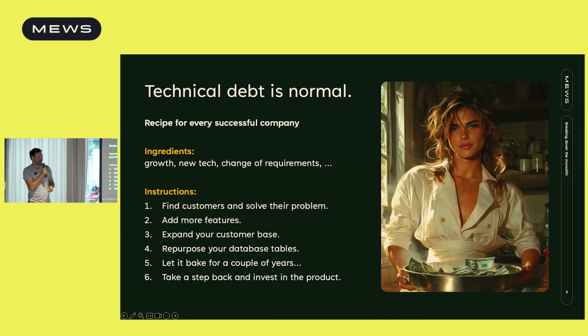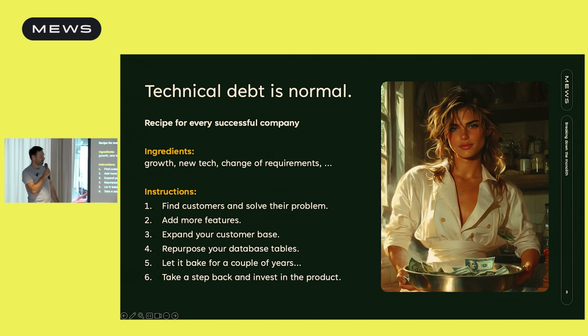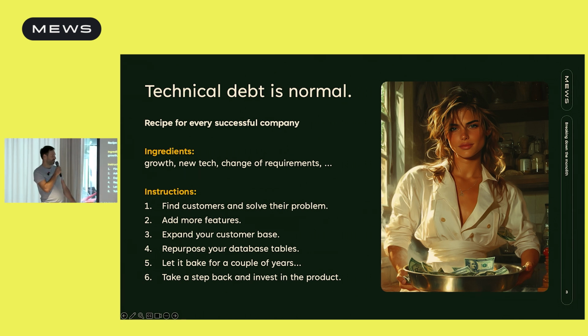I believe that having technical debt is quite normal, because what happens to successful companies is that you find your customers, solve their problems, then maybe you add more features because customers want it, which means that your code gets more complex, then you expand your customer base, then maybe your app is less stable now.